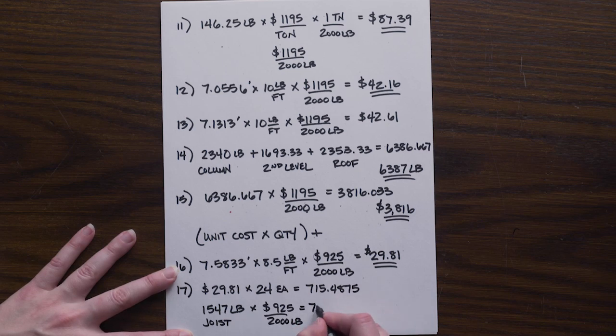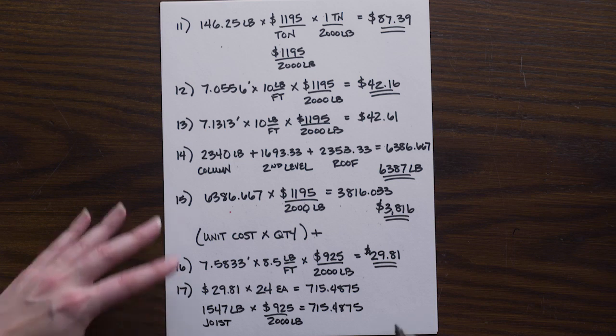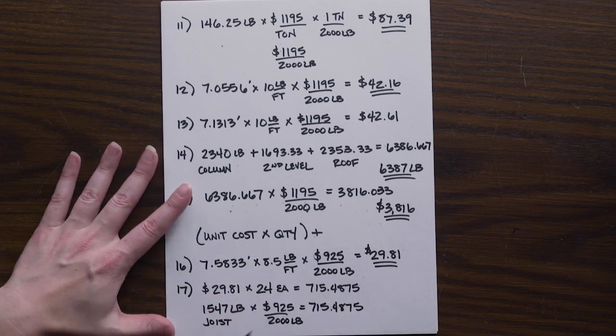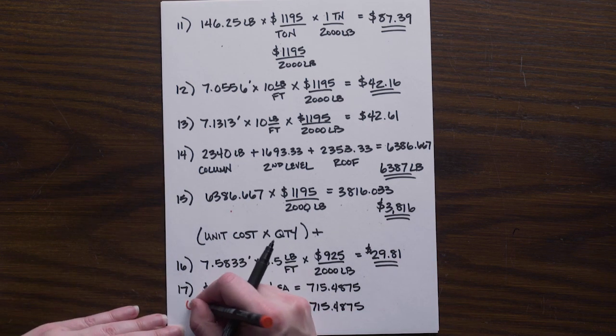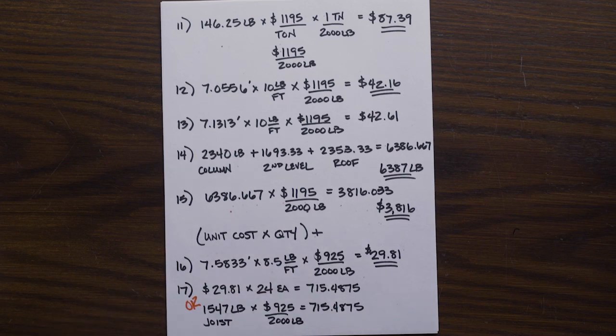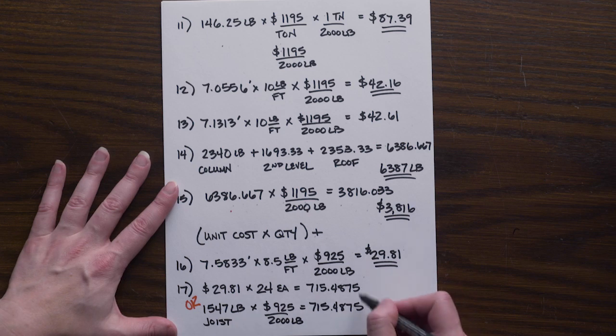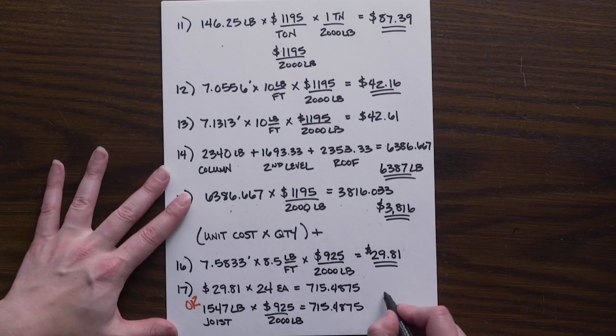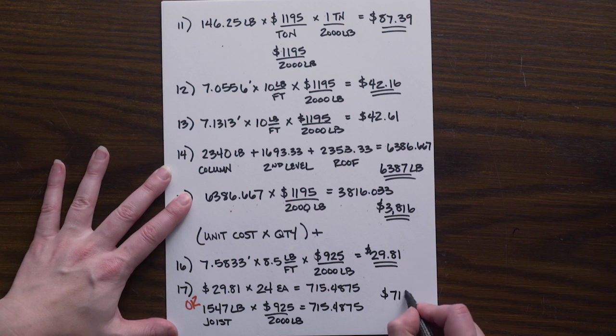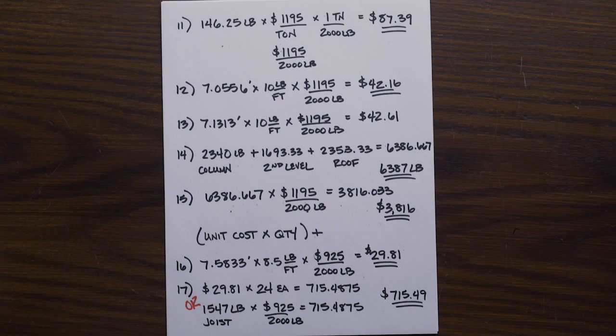That will also give us the same answer or close to it depending on rounding. Either way is acceptable. So you don't have to calculate both ways, but if you want to do a quick check, make sure that you actually are doing your math correctly. It is perfectly acceptable to do it both ways. So $715.49 is the total cost for our joist.